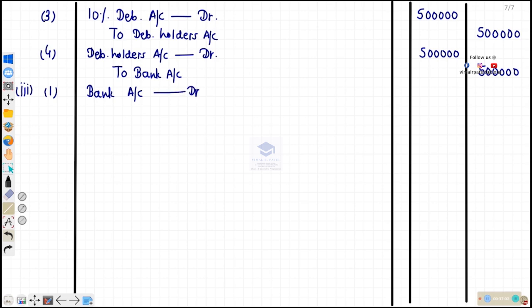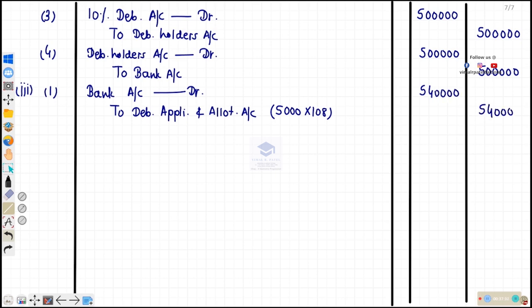Bank account debited to debenture application and allotment. 5,000 into 108, so 5 lakh 40.